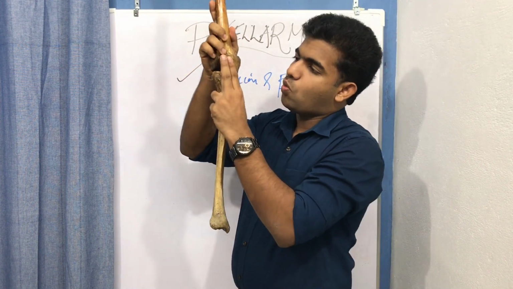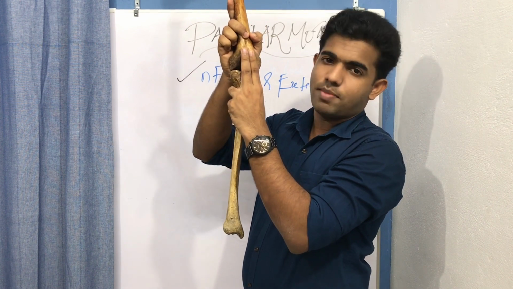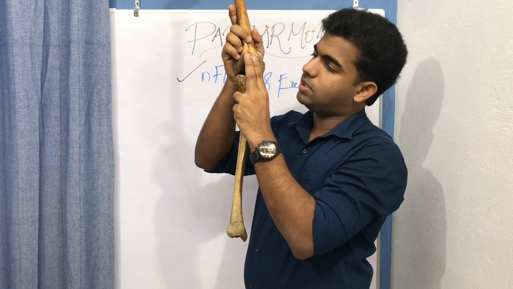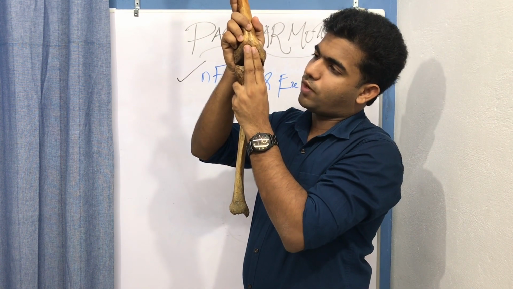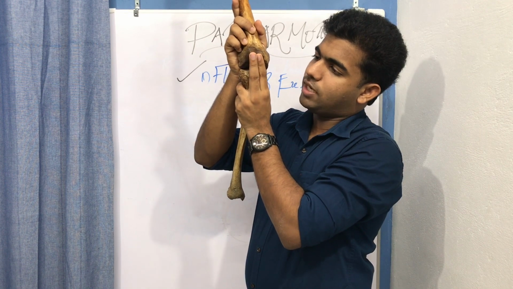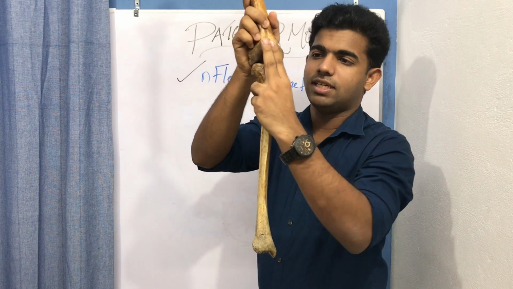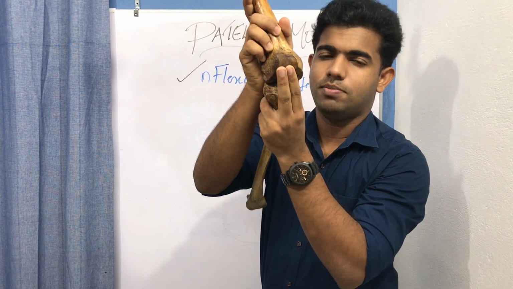So what happens when this tibia is going for flexion? Initially, let us imagine this was the position of the patella above the medial and lateral femoral condyles. Now you see, when the tibia is going for flexion, what is actually happening to the patella? It is actually following that flexion of the tibia.